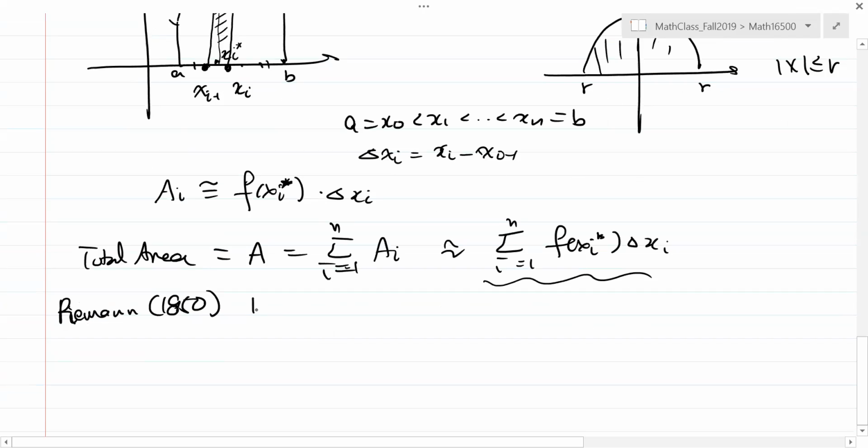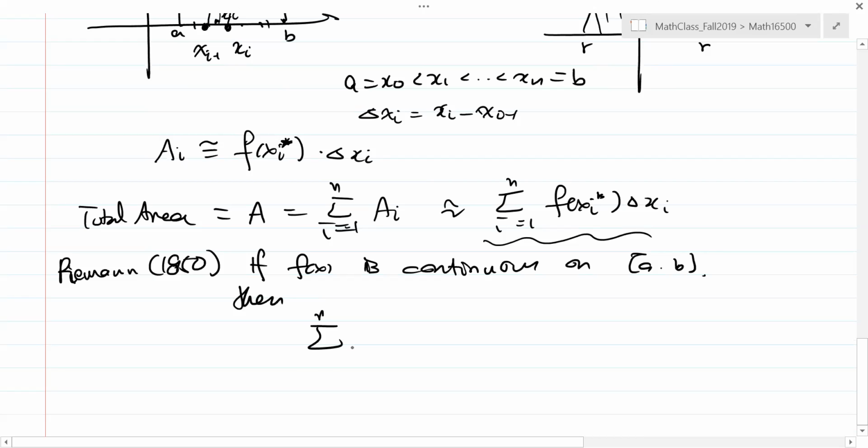He said that if the function f of x is continuous on the interval from a to b, then these sums are going to approach some fixed number.